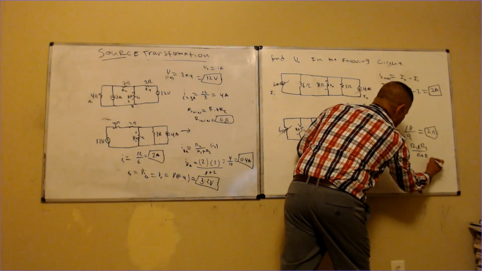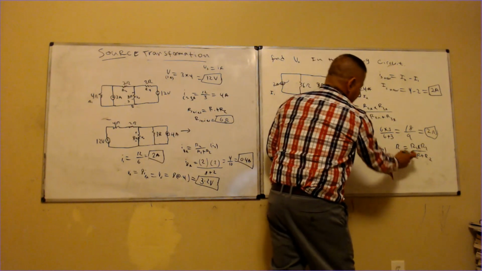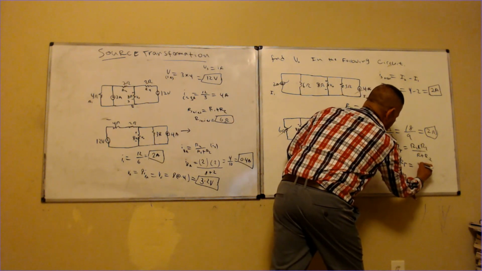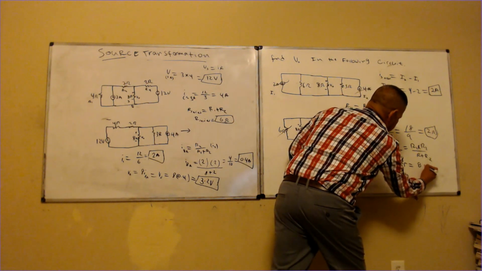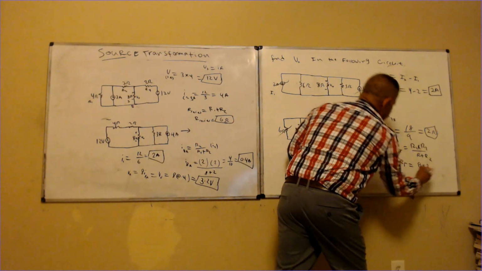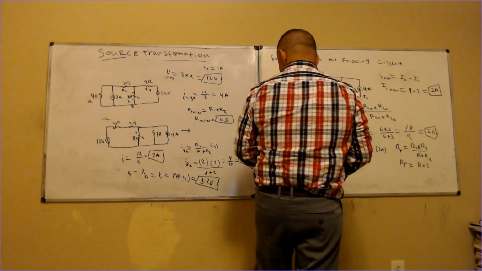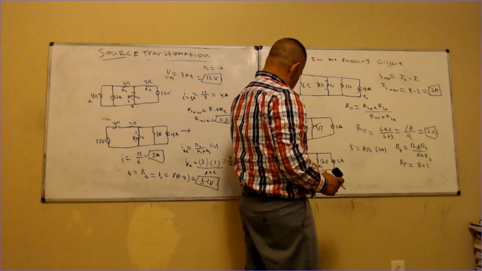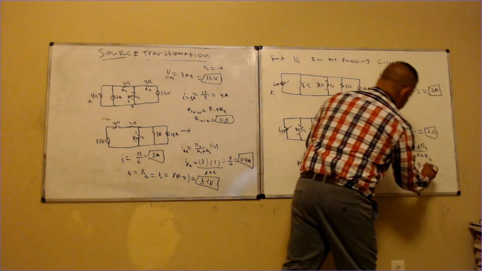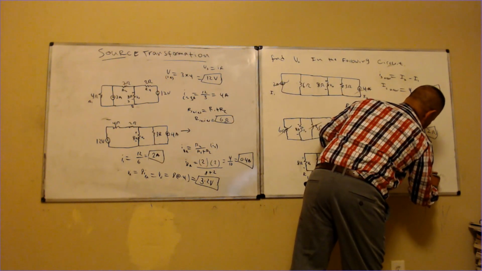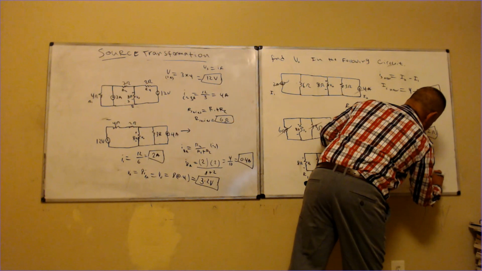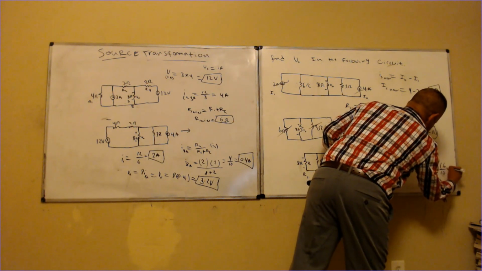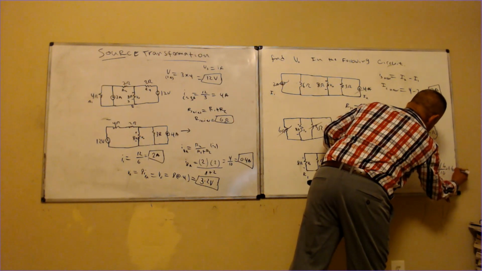So RT is equal to 8 times 2, and then 8 plus 2 is 10, so 16 over 10, which is equal to 1.6 ohms.